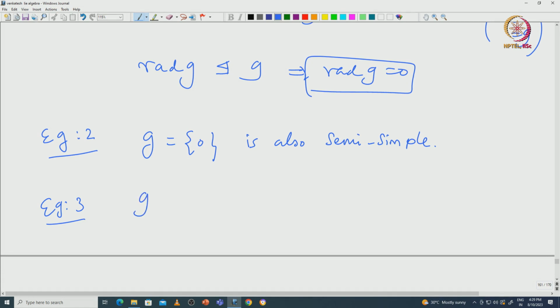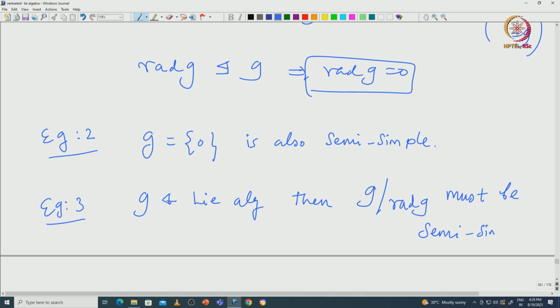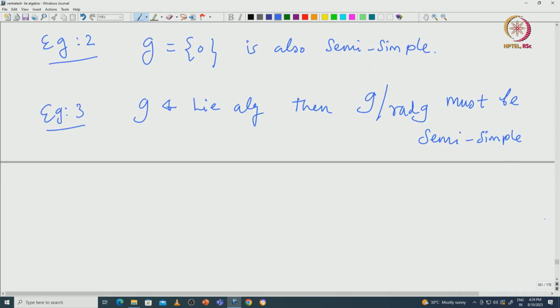So, let us say G is some Lie algebra. Then it is easy to see that if you take G modulo radical G, that must be semi-simple. Why is it semi-simple?